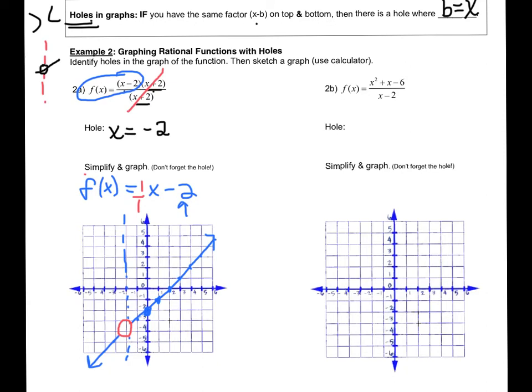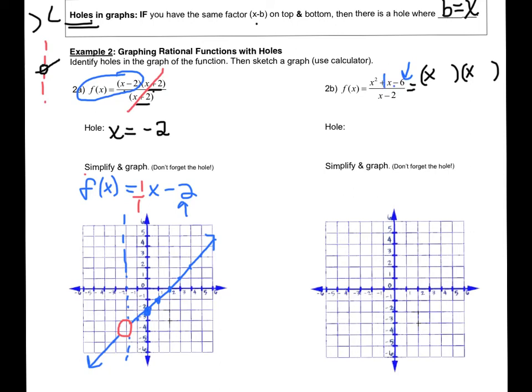The next example, we're going to start the same way we started the second example in example 1. So first, we have to factor the top. So we write the 2 factors, and we need to find the factors of 6 that subtract to get 1.